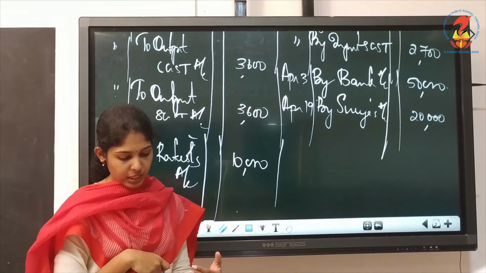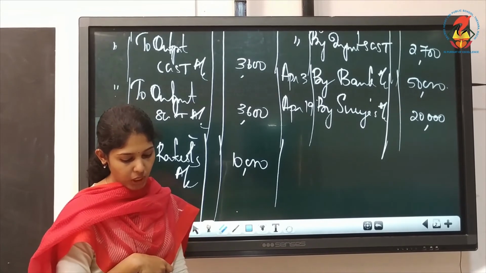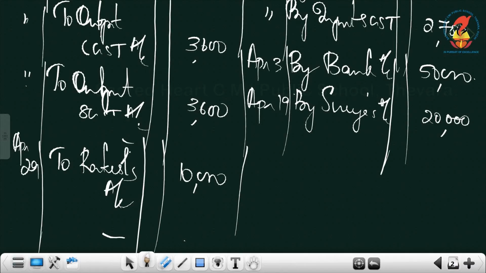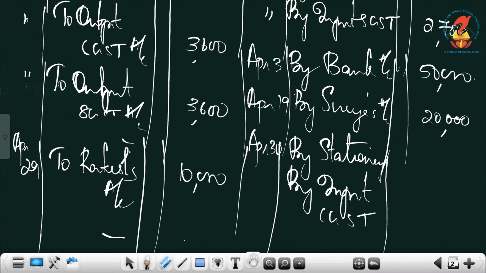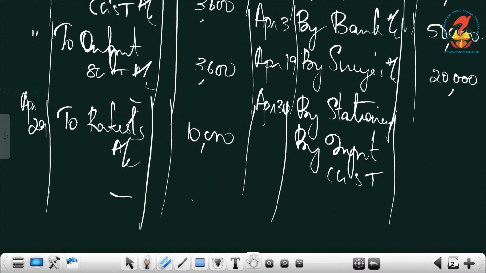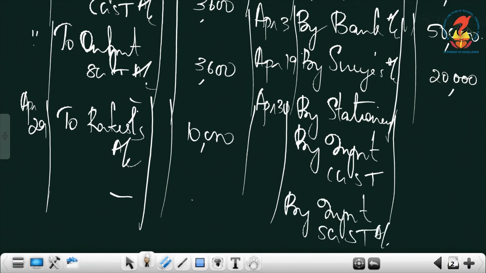Then April 30th, two transactions we have, both are cash transactions, and the posting is to be done on the credit side. So by stationery, by input CGST, and by input SGST account.